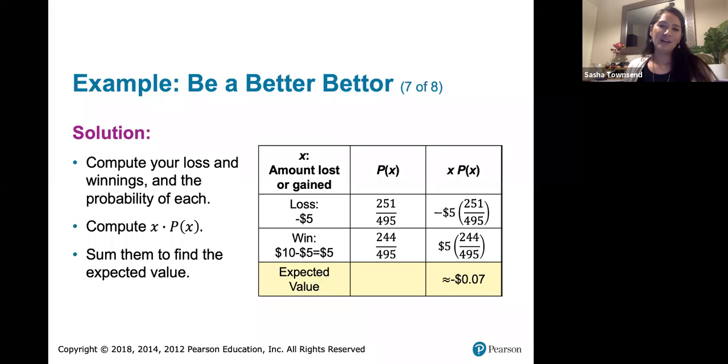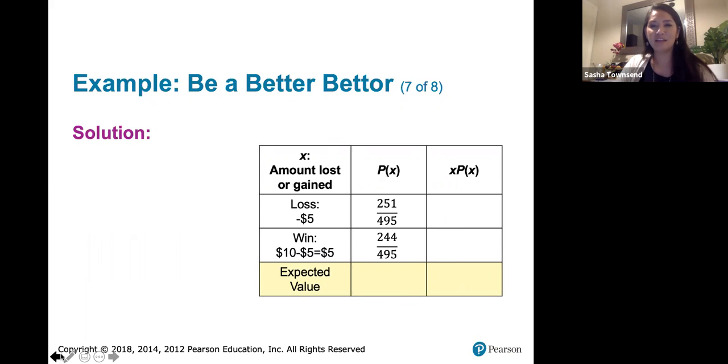If I'm worried about losing, then I probably shouldn't play, because the expected value either way is negative. You're going to lose money as you play for a really long time. If you play craps and you're betting on that pass line for a really long time, you're going to tend to lose about 7 cents every time you bet.